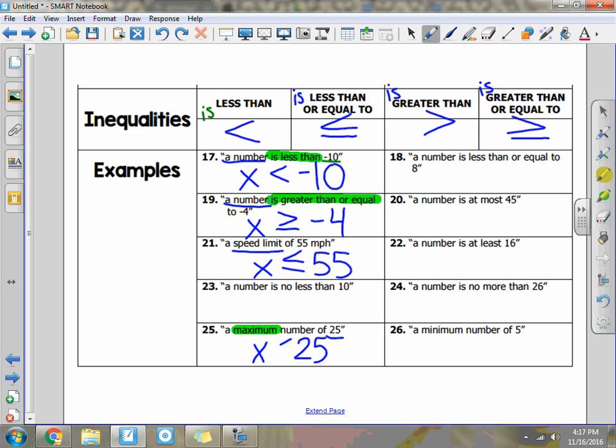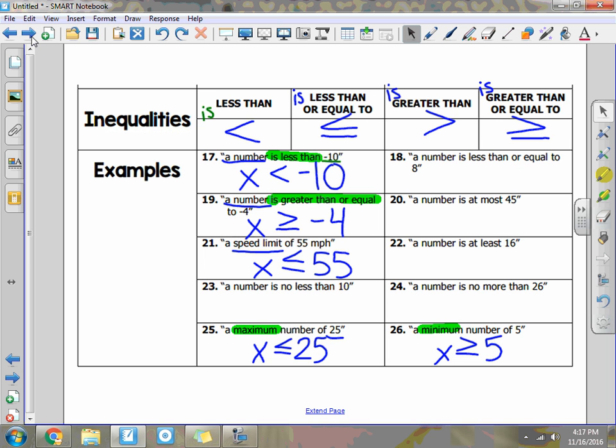So this is another less than or equal to. Number 26 has the opposite. This is a minimum. Whenever we say minimum, that means that I'm looking for all the numbers that are bigger than 5. But 5 still works, so I'm going to keep that equals bar underneath.